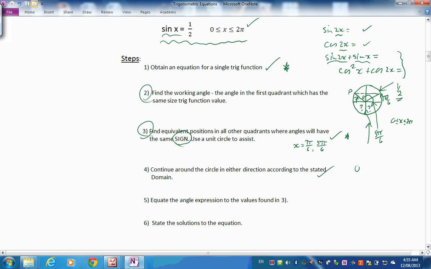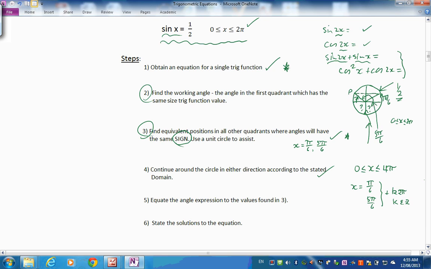Well, would we keep going? Let's say they allowed us to go to 4 pi. We go around another revolution. So our answer would be this: x equals pi on 6 or 5 pi on 6, but we could add k lots of 2 pi. They're going to repeat themselves, and k is a member of the integers.